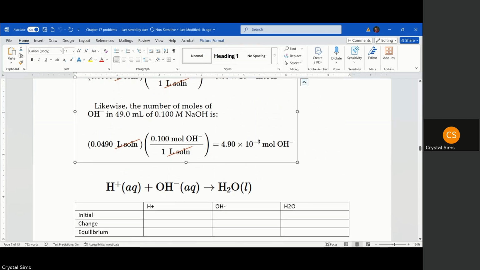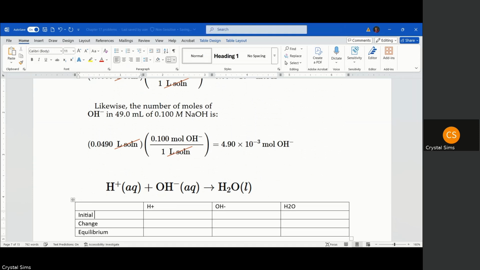And like we did in the problem we worked with the buffers, we have sort of an ICE table here, but it's more of a stoichiometry table where we're really looking at before the reaction. So initial would be before the reaction. And then we have a change, and this is going to help us find our limiting reactant.